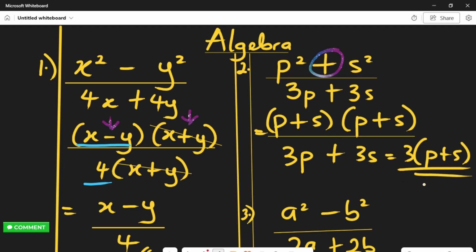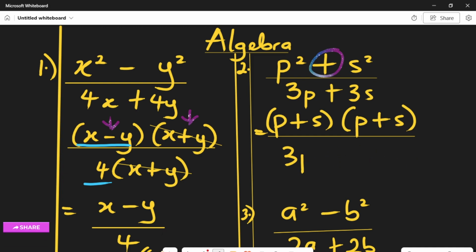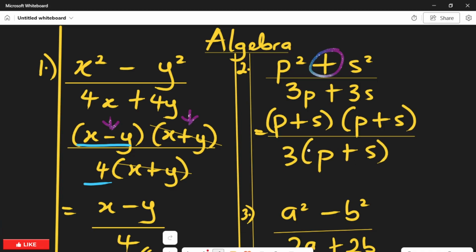This is another way to represent it. So instead we'll have here 3 then in brackets p plus s. Then we'll divide both sides because we have p plus s up here and p plus s down here. So we can pick any of them.